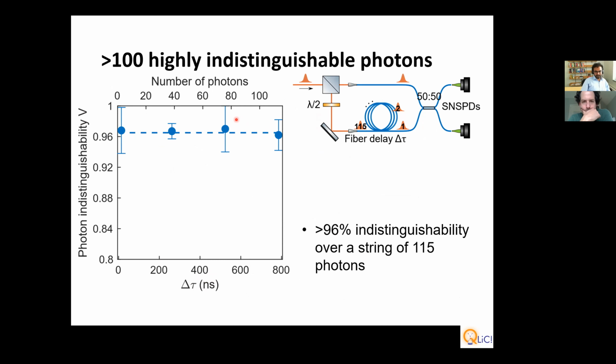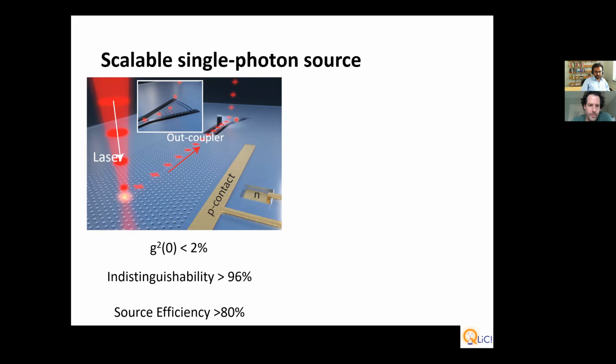So that's quite exciting. Just to summarize, we have really low multiphoton character. We have very good indistinguishability. And as I said, after factoring out the inefficiency of purely the optical part, which is possible to get rid of, which is something that I'm working on now, it's possible to reach a source efficiency in excess of 80%, 81%.